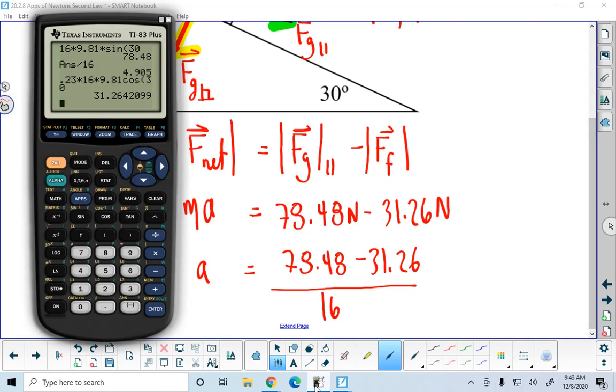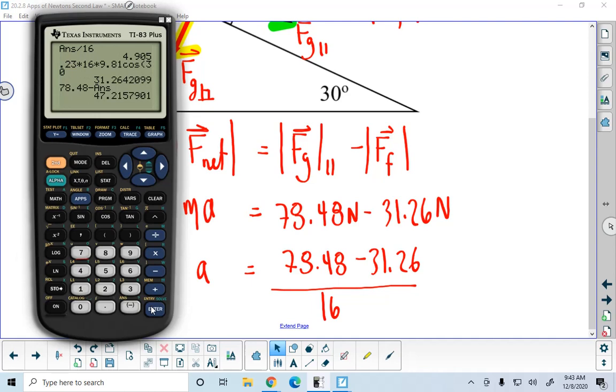So what would the net force be? Well, we're going to take 78.48, and we're going to subtract our answer. I realize I'm not carrying, I am carrying all of my decimals.